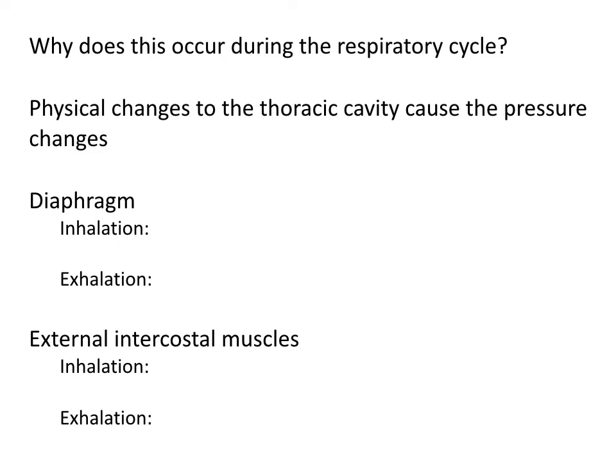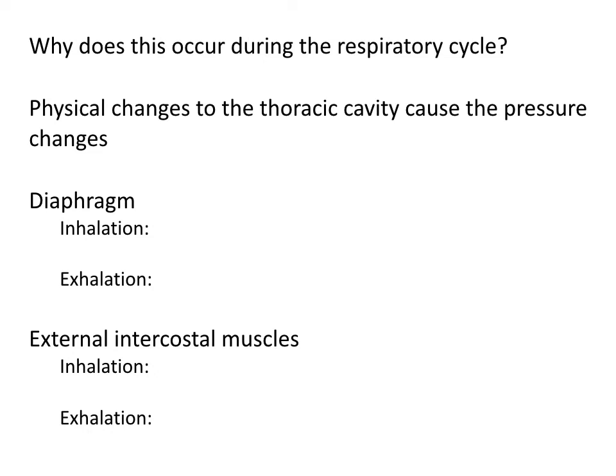Now, imagine you are at the beginning of a respiratory cycle, so it's just prior to inhale. Just prior to inhale, your diaphragm and your external intercostal muscles are relaxed. The diaphragm, when it is relaxed, has a dome shape, and the dome is pushing up into your thoracic cavity.